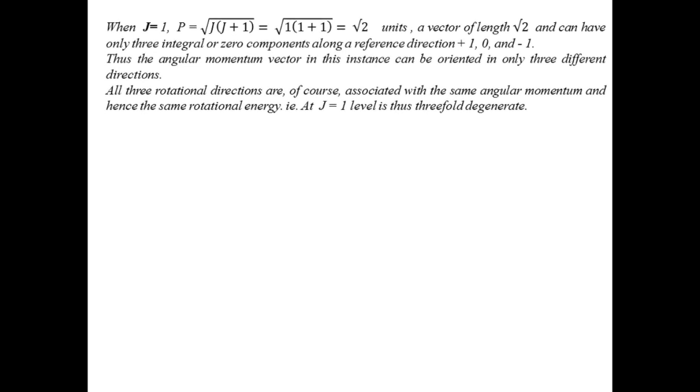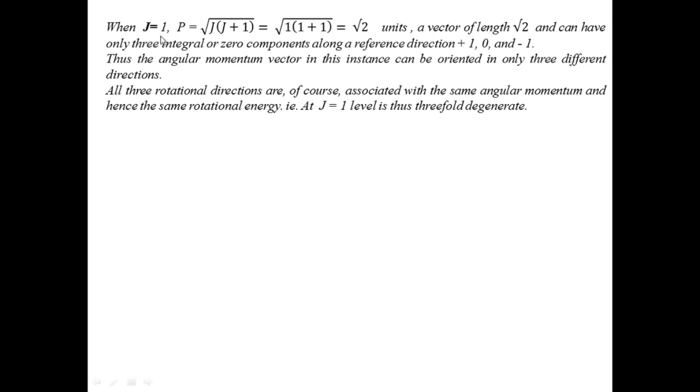So when j is equal to 1, the value of P is root of j into j plus 1, and substituting j equal to 1, we get root 2. That is, the magnitude of angular momentum is root 2.